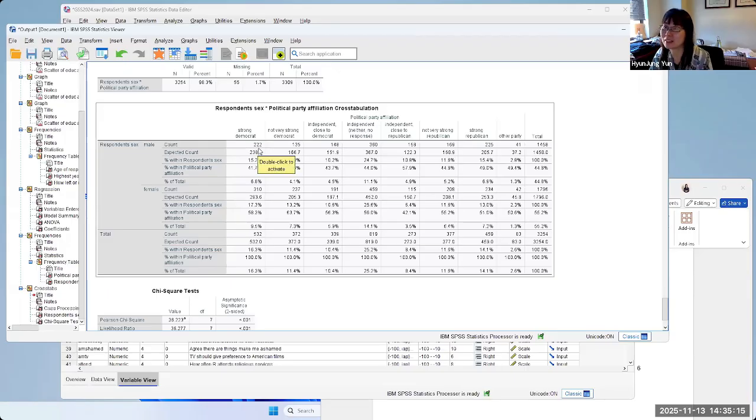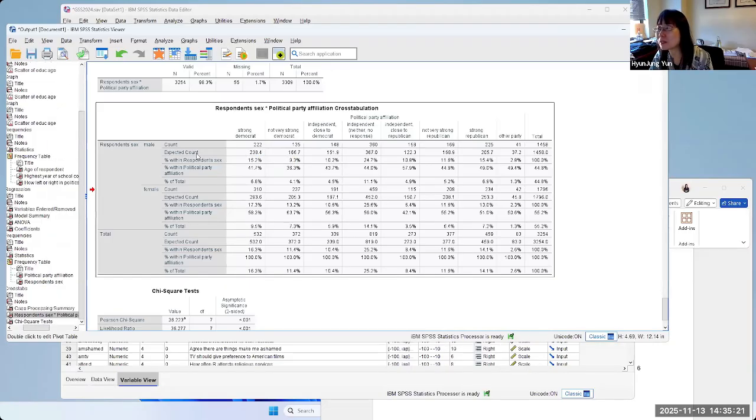That means they detect dependency, which means there's an association. So let's check whether it meets the minimum requirement of at least 5 expected frequencies. All the way, it's much larger. So yes, it passed the minimum requirement. All expected frequencies in each cell are over 5.